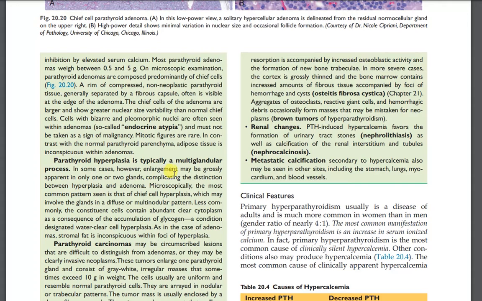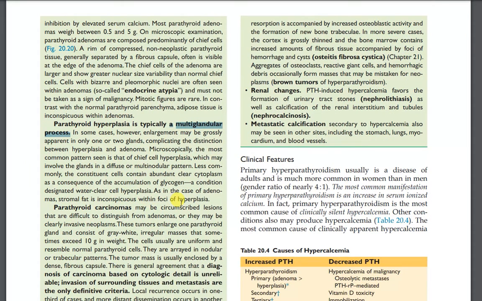Okay. Hyperplasia is typically a multiglandular process. In some cases, enlargement may be grossly apparent in only 1 or 2 glands, complicating the distinction between hyperplasia and adenoma. You see, adenoma is when one cell lost its MEN1 or maybe cyclin D1, a mutation happens, so it will be adenoma.